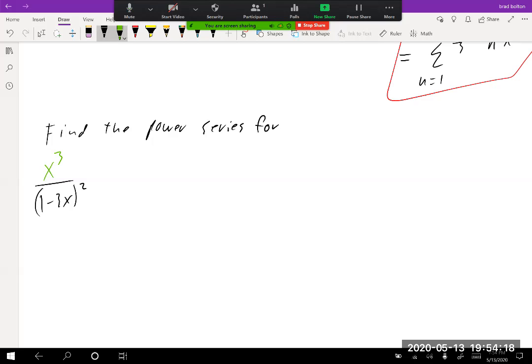So all you would have to do is, because you know that this is really x cubed times 1 over (1 minus 3x) quantity squared.